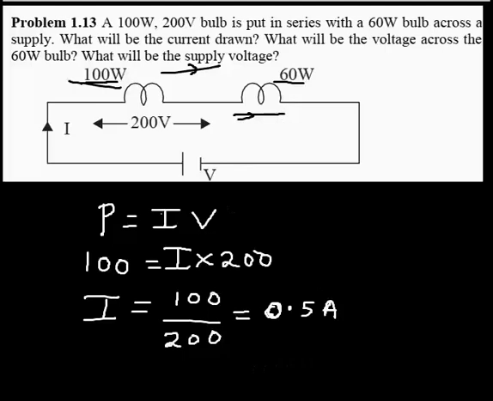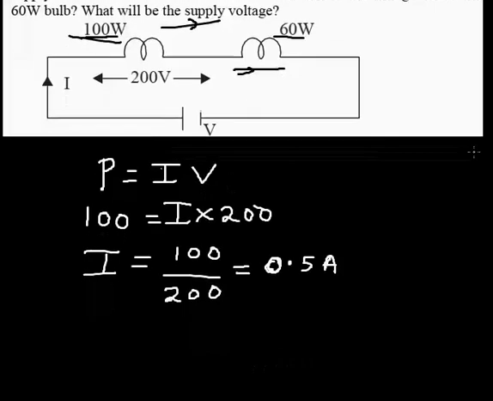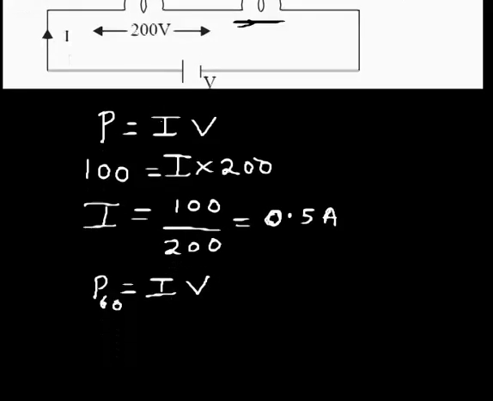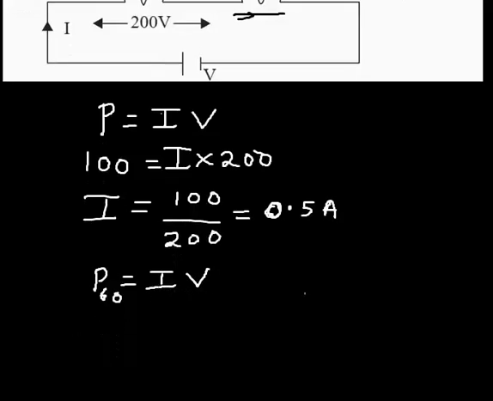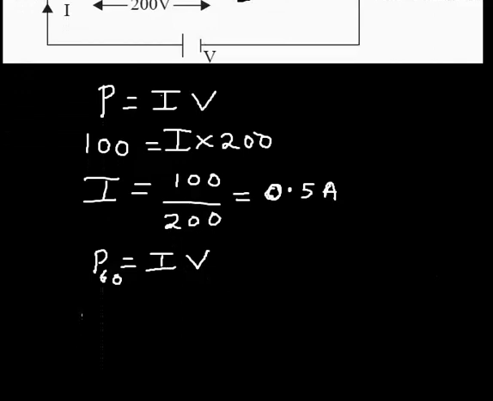So for me to get the voltage across the 60 watt, I'll still apply the formula. The power across the 60 watt, let me call it P60, is going to be current times voltage. So the power of the 60 watt is 60 watt, and the current passing through the 60 watt is still 0.5.